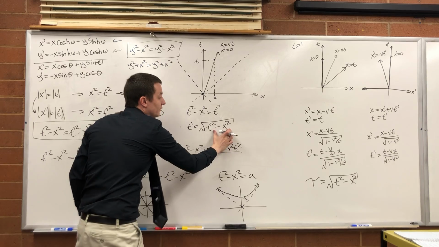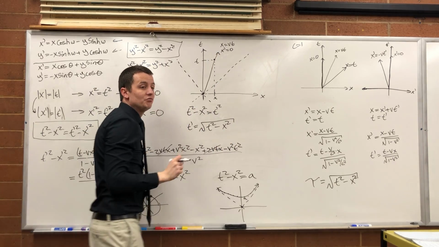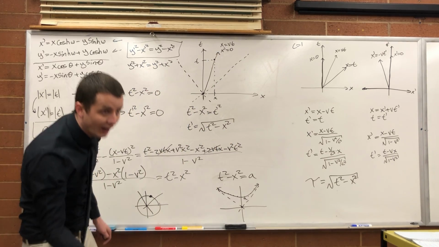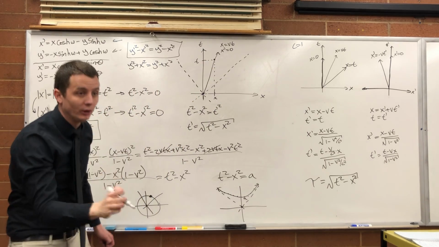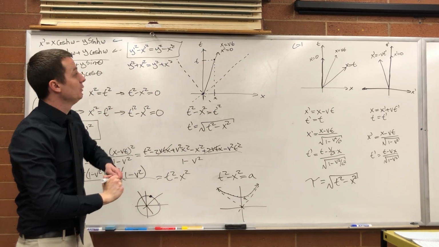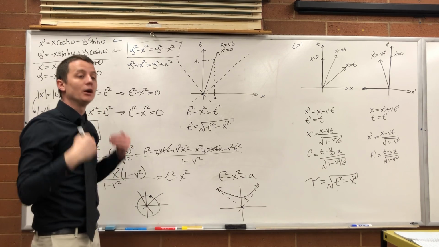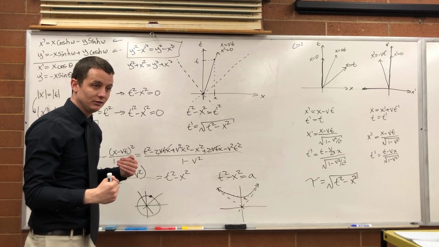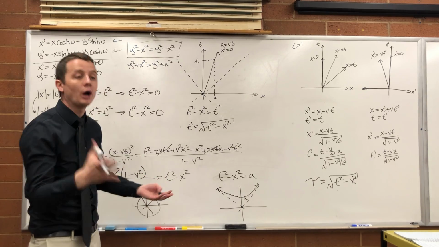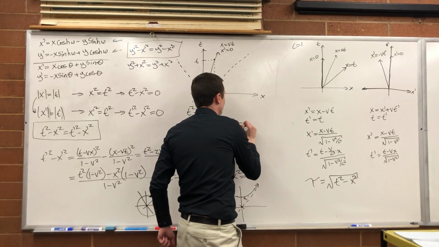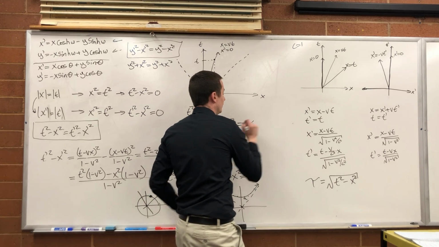So t squared minus x squared at some point gives you the amount of time a moving observer would experience getting to that point. It's calculating the amount of seconds the moving observer experiences. The moving observer. Yes, and so we call it proper time. It's the time that the moving observer experiences to get to that point.